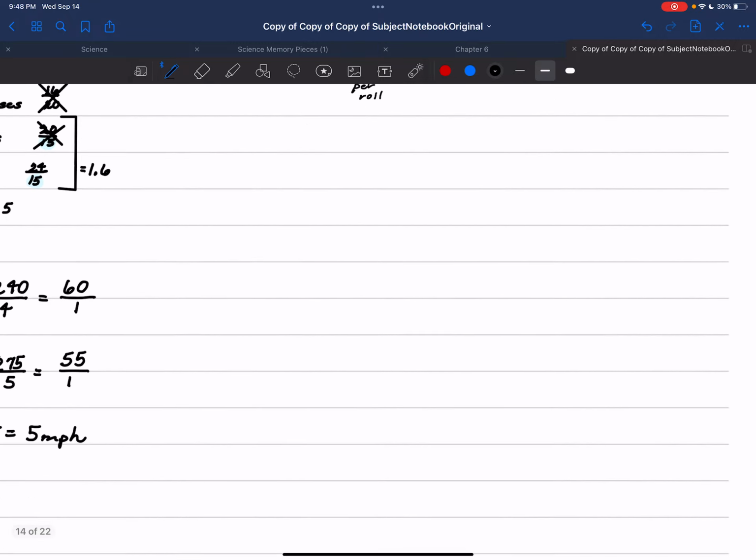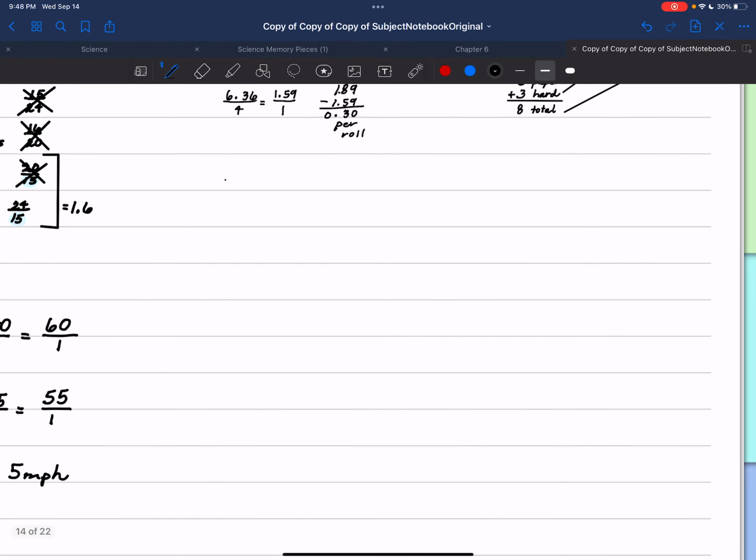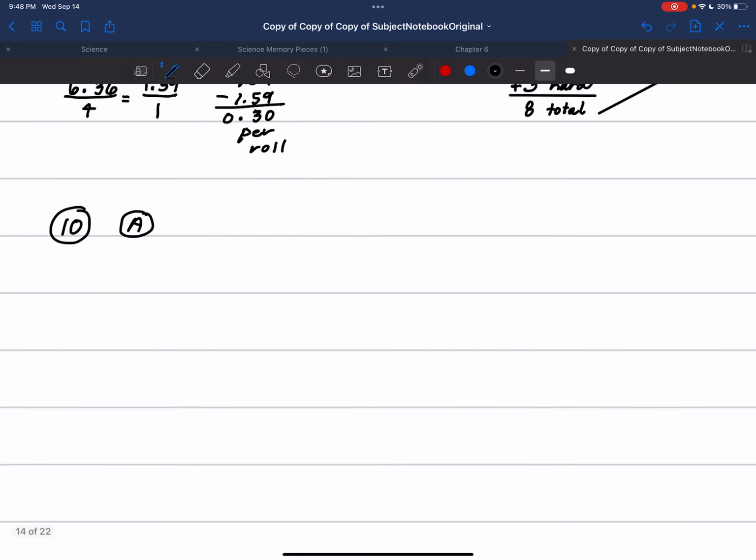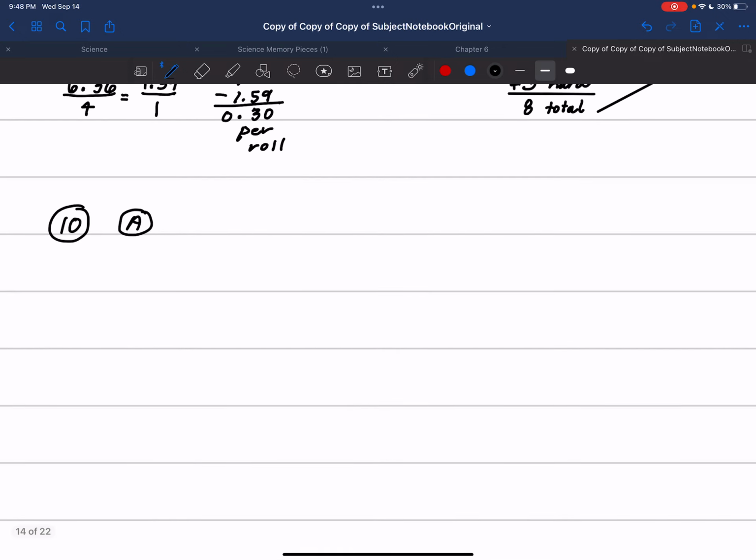Alrighty, number 10. Which statement is incorrect? So which statement is false? Laverne drove 40 miles in 2 hours. So her average speed was 80 miles per hour.